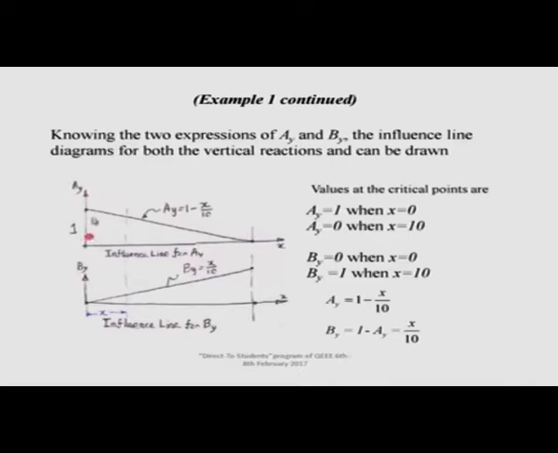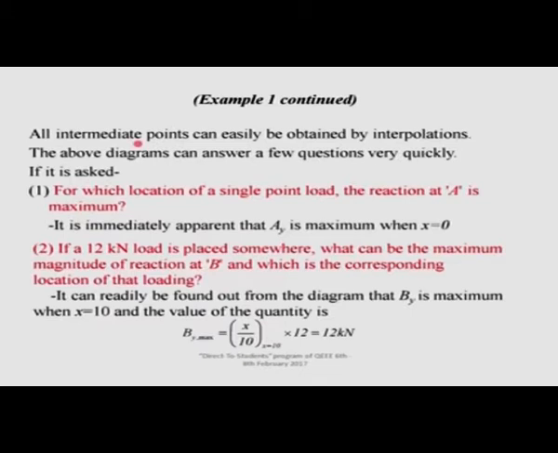Please remember, it is the change of the reactions here. So, if the live load is here, this is the effect on the reaction here. If the live load is here, this is the reaction here. So, this is the use of the influence line diagram. Now, let us see what it can do.